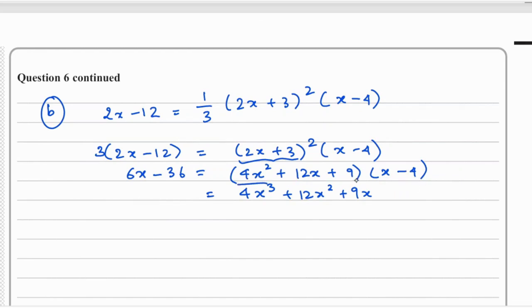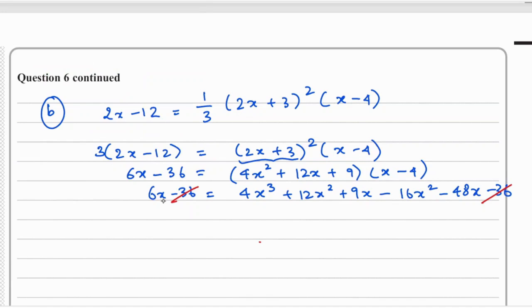So the first term is 4x square times minus 4, which is minus 16x square. Then I have 12x times negative 4, which is negative 48x, and now I have 9 times negative 4, which is negative 36. And on the left side, I have 6x minus 36. So I can straight away cancel the negative 36 on both sides.